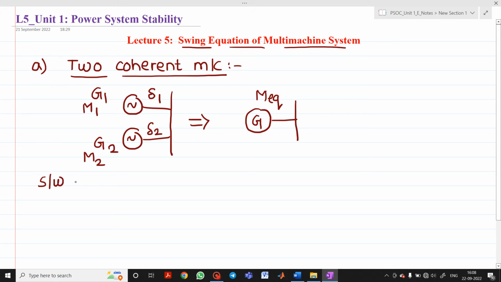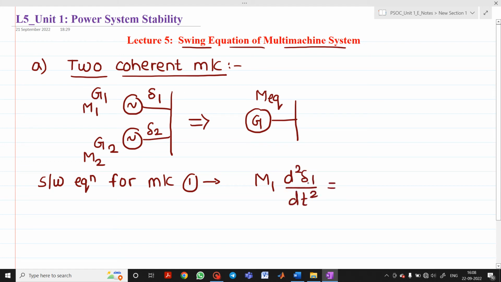We know the formula of the swing equation. So I will write the swing equation for machine 1. It is M1 d square delta 1 upon dt square equals Pm1 minus Pe1. Take this as equation number 1.